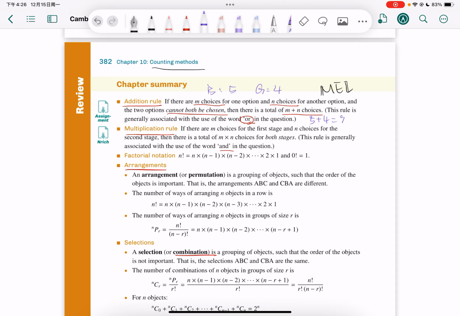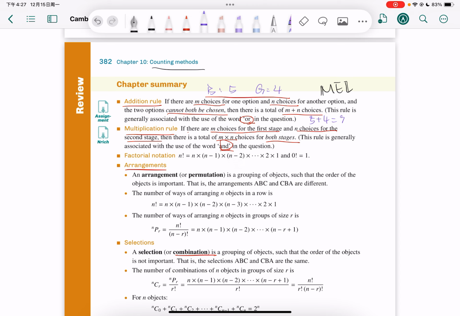On the other side, the multiplication rule is a bit different. It's associated with "and". If there are m choices for the first stage and n choices for the second stage, then there is a total of m times n choices for both stages. We also use the 5 boys and 4 girls example.